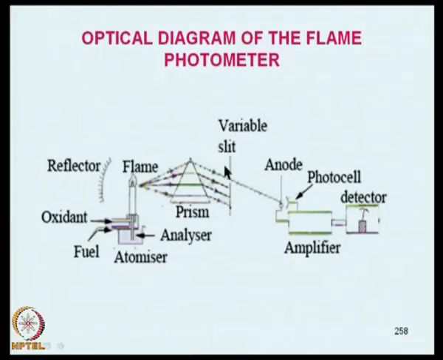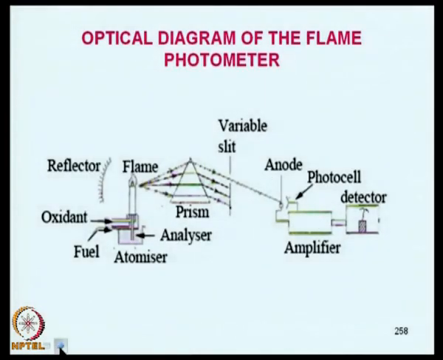The focal point of the mirror lies at the entrance of the monochromator slit, that is the typical optical arrangement, and the exit slit is kept between the monochromator and the detector. I hope you remember the figure. This is the exit slit, it has to be between the monochromator and the detector.